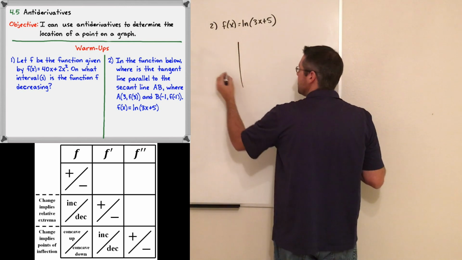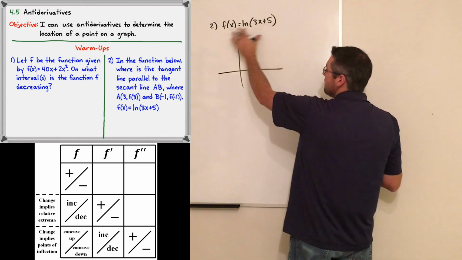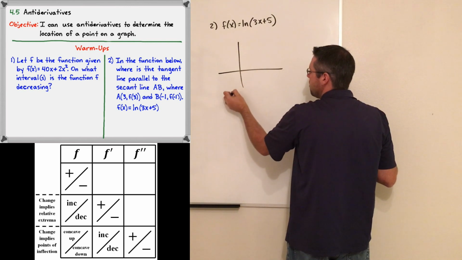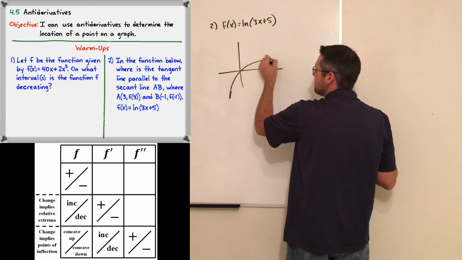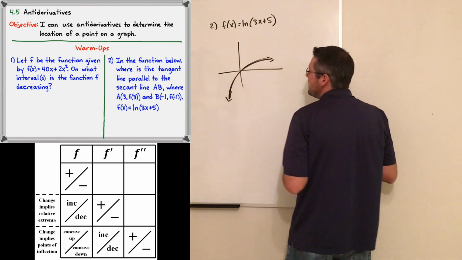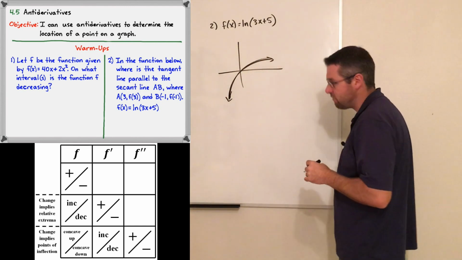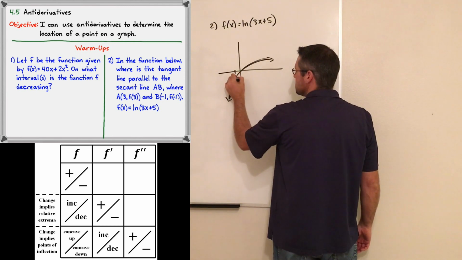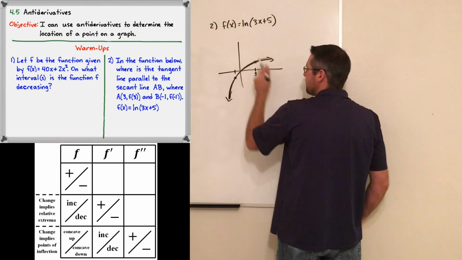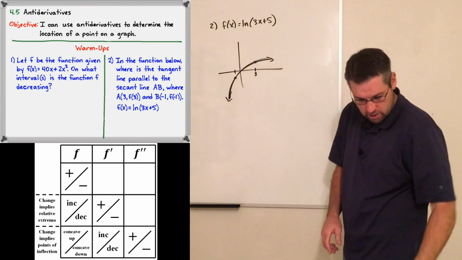We do have shifts and things going on, I don't want to dwell too much on that, but we have a graph that looks something like this, a logarithmic graph. Now we have 2 points, negative 1 and 3. So let's say this is our negative 1 and this is our 3. So those are the 2 points we're looking at here.